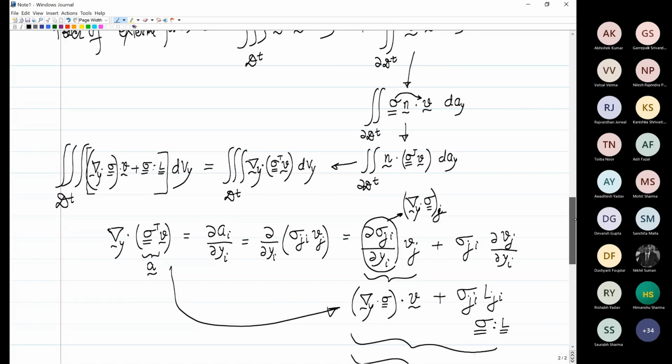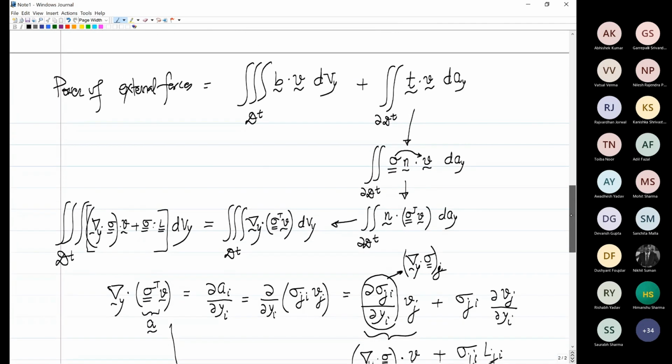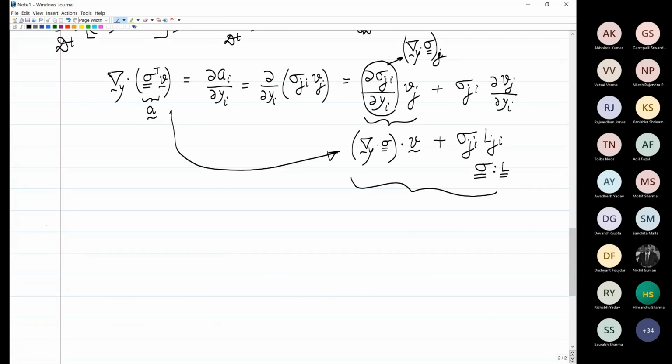All right, so now let us see the total power. What's the total power then? So the total power is now, so the first one was due to the body force.